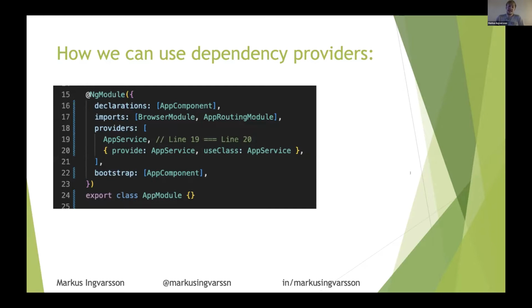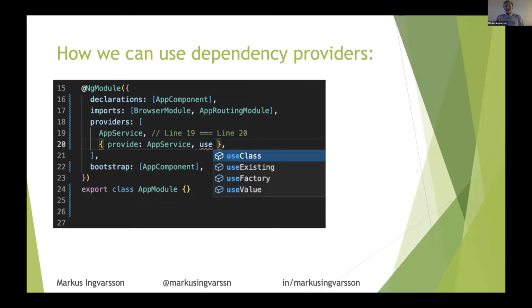Use class takes a class reference, which is used to instantiate the service when someone tries to resolve the dependency with the key of app service in this case. And that means that the key will only be used as an interface in this case, and the class we give to the use class will be the class that is used inside of the application.